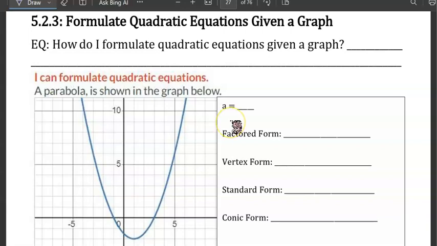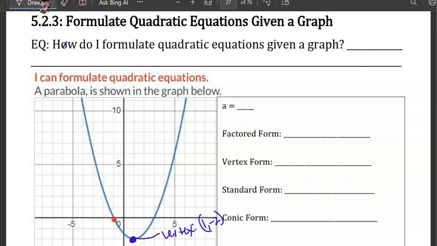Okay, so the first thing we want to do is find some characteristics. Right here is the vertex. It's at 1, -2.